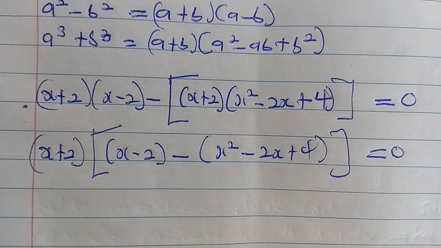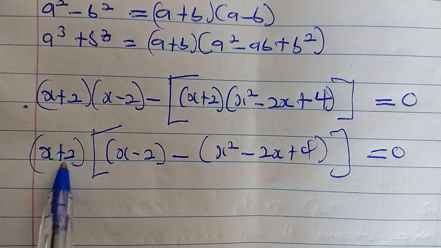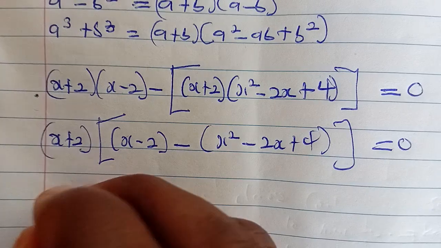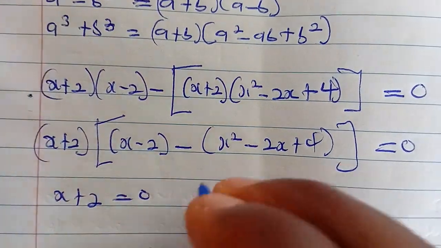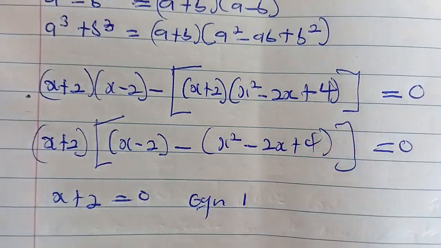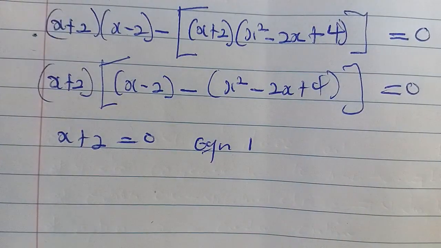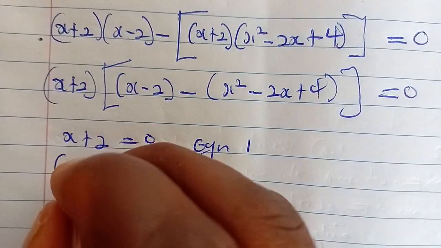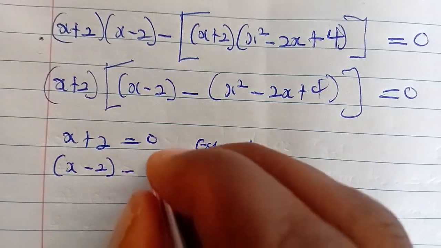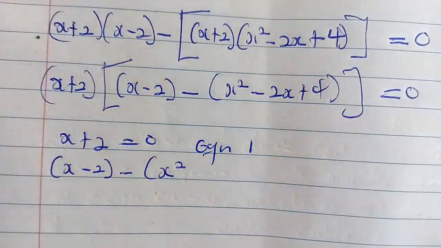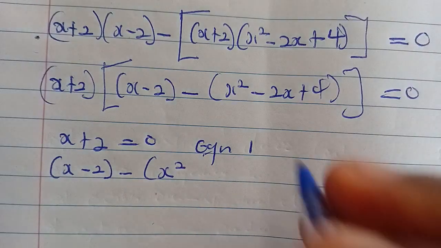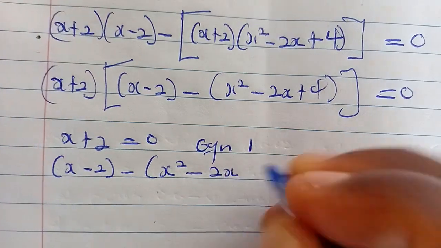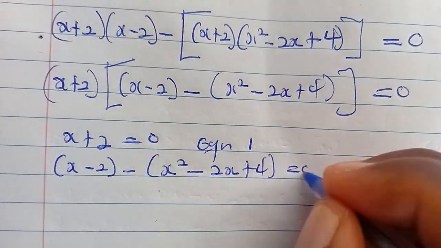Now here we can equate s plus 2 is equal to 0. So you can say case 1, we have s plus 2 is equal to 0. Let's call this equation 1. And then case 2, we have s minus 2 minus, let's write all that is in a bracket, s squared minus 2s plus 4 is equal to 0.